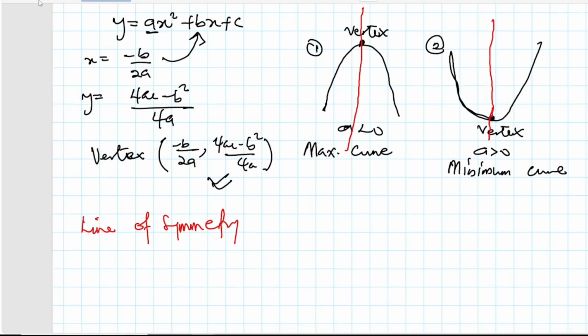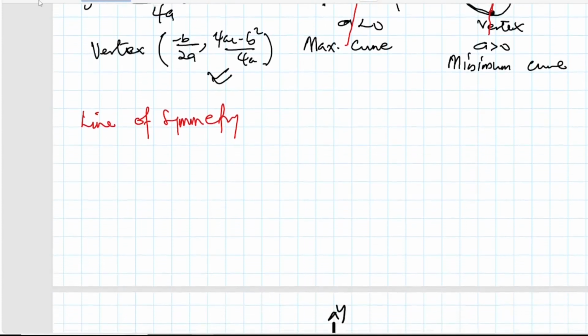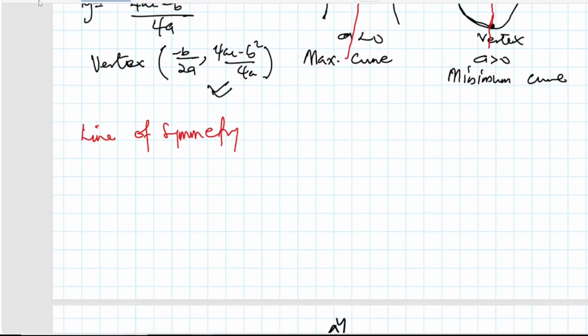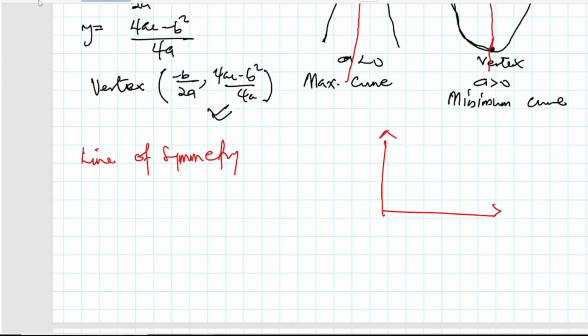And since the line of symmetry goes through the minimum or the maximum point or the vertex, let me do a simple sketch here. I have a curve here, and let's say this is my curve, y is equal to ax squared plus bx plus c, and there's a minimum point.